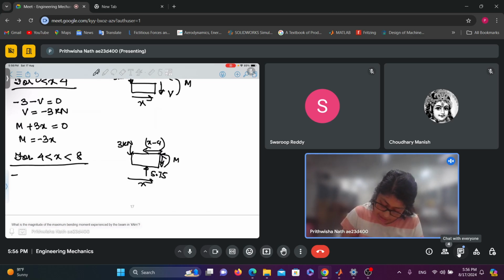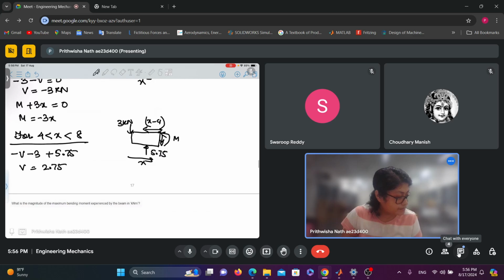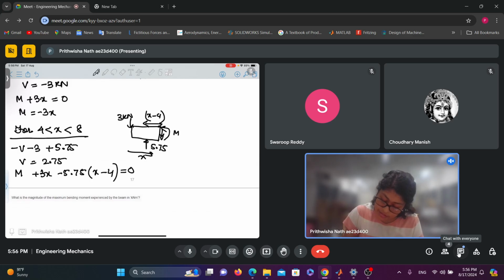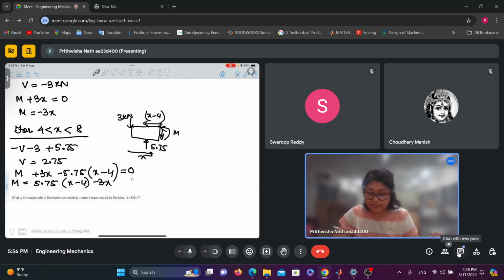So it is minus V minus 3 plus 5.75, that is V equals 2.75. And for M, plus 3x minus 5.75 into x minus 4 equals 0. So M equals 5.75 into x minus 4 minus 3x.